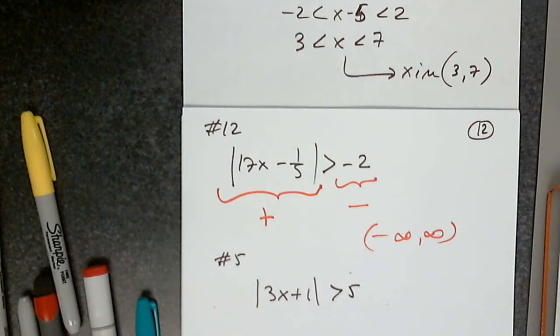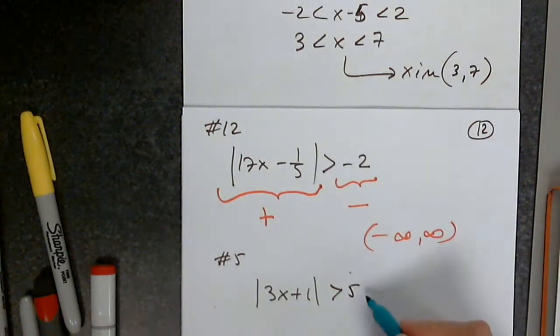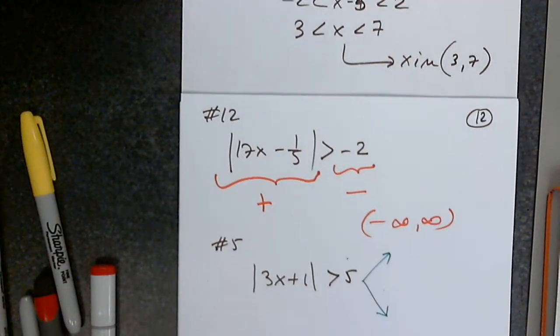I cannot write it as a chain. It's this. They have nothing in common. It's not this as a chain. It's this. So what are the options here? 2 completely separated options.